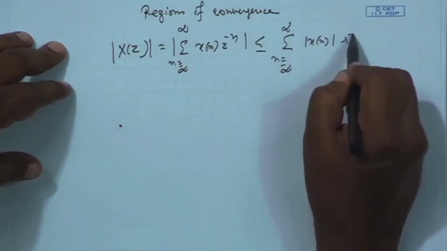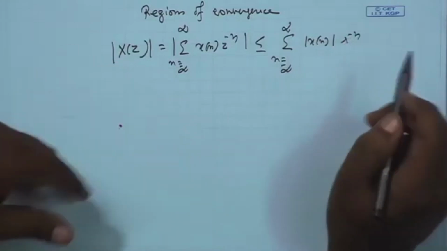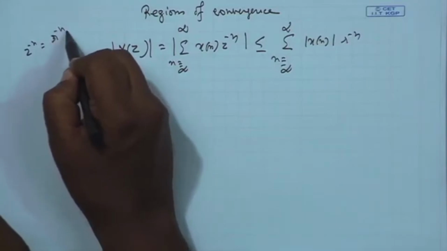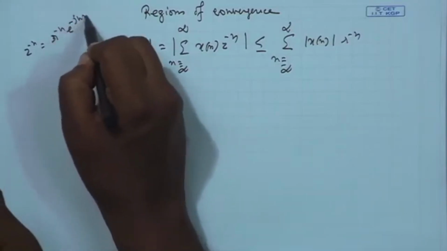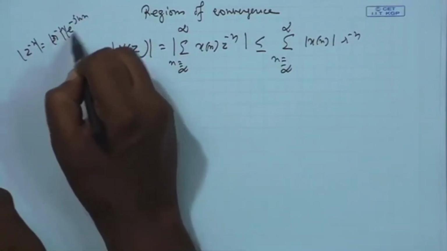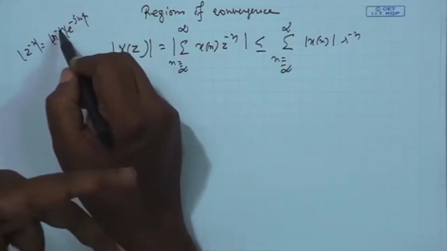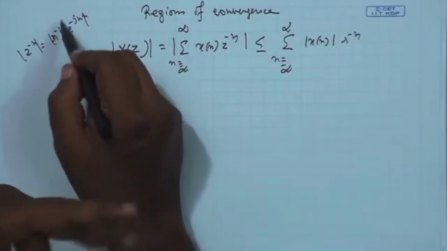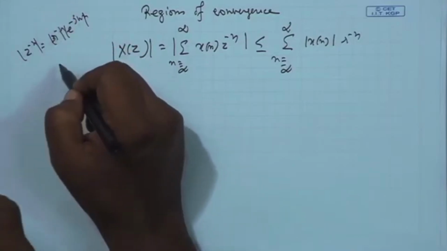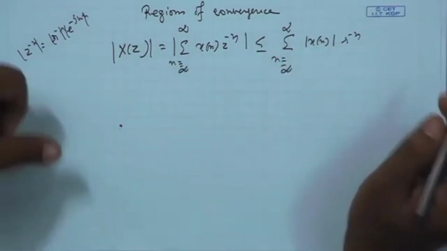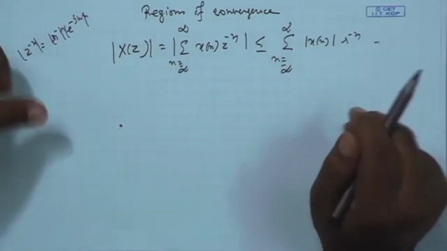From that I will get only r to the power minus n like before, because z to the power minus n is r to the power minus n e to the power minus j omega n. Mod of this is mod of this into mod of this, but mod of e to the power minus j omega n is 1, and r to the power minus n is always positive, since r is a positive number. So, any power of r, positive or negative, will be positive. The mod of a positive number is the number itself, that is why I do not put a mod here. This is in general true.